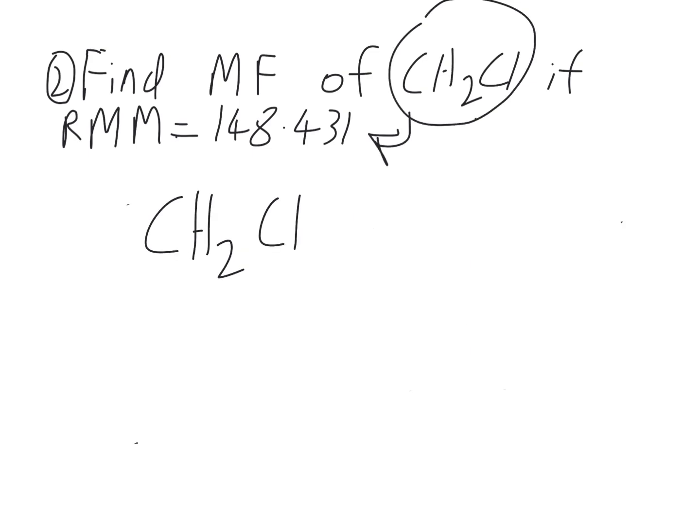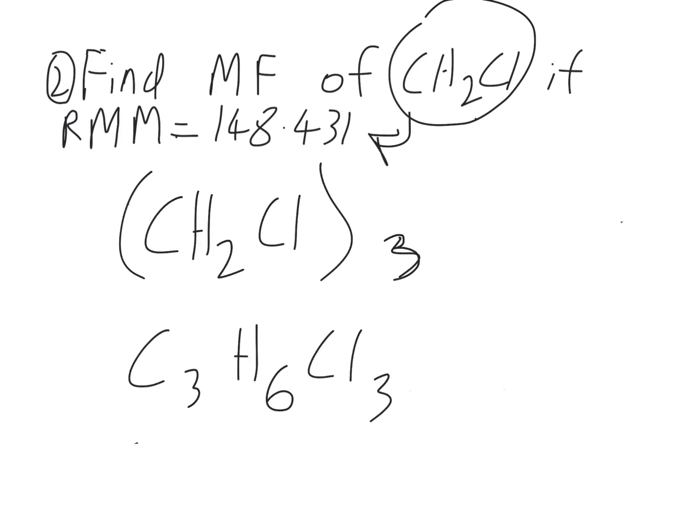So now that we know we need 3 lots of those empirical units to make the full molecular formula, we can multiply the empirical formula by 3. If we multiply it by 3, we should get C3H6Cl3. And so we're left with this as our empirical formula and our molecular formula.